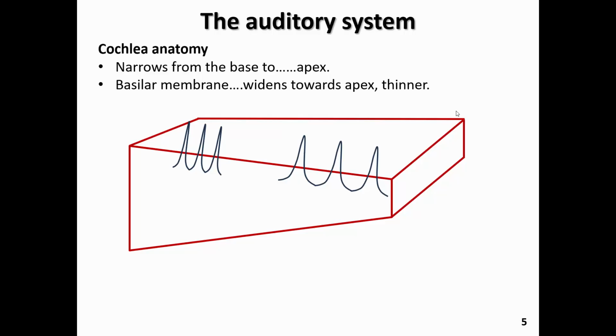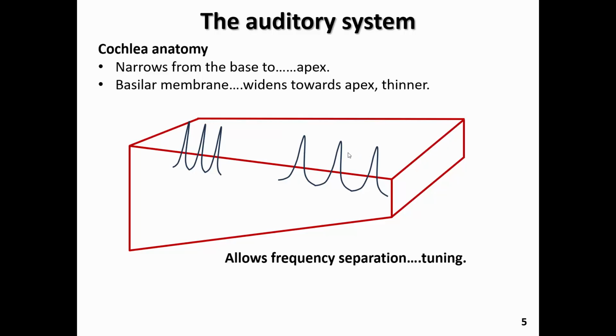In this illustration, this is my attempt to illustrate the basilar membrane, where the left-hand side represents the base of the cochlea, and the location on the right-hand side represents the apex. You can see how the basilar membrane in this picture appears to be thinner but wider.